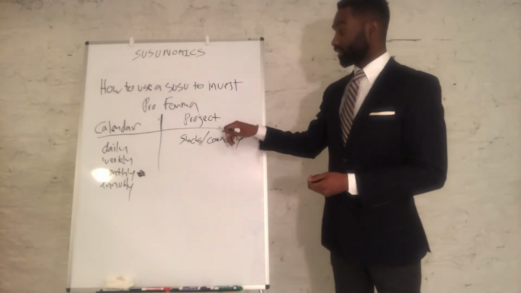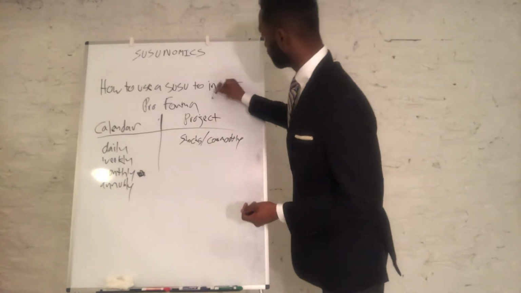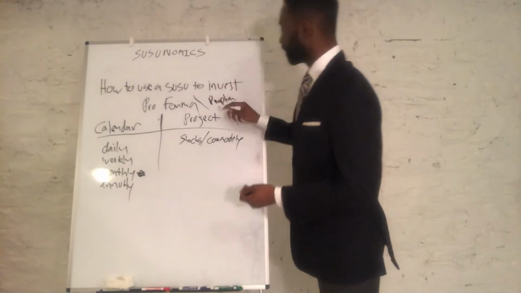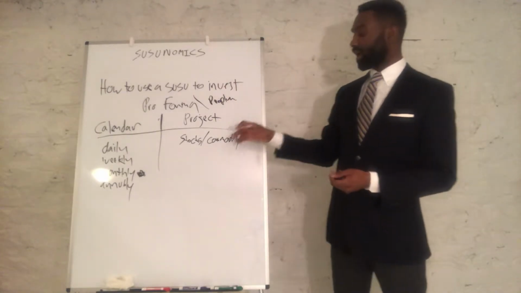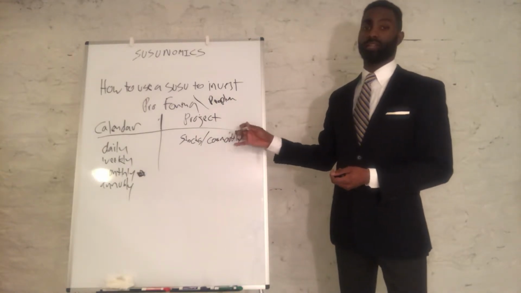And how does this work with a Susu? Well, the group, the people, you still need the people. The people have to decide what industry matters the most to them, and they have to study that industry on a daily basis.